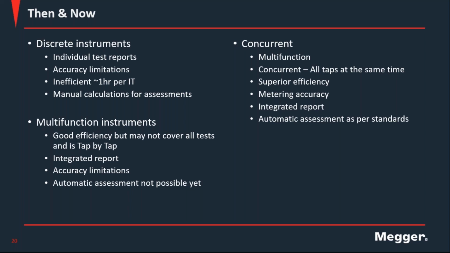So there's not an instrument for VTs, there's not an instrument for CTs. You can get an instrument that can do all of them, and even capacitive voltage transformers, which have their own complications. So you can test all the instrument transformers with one single instrument, and everything is in one single place, so it can perform the assessment.